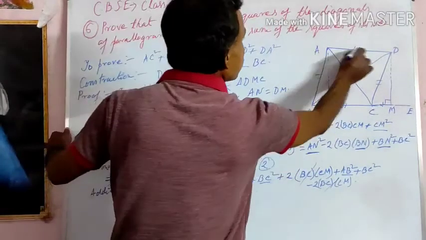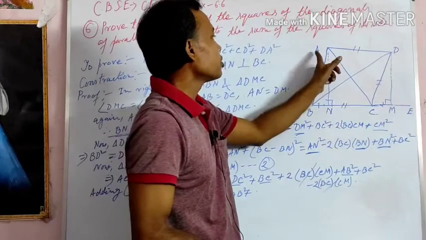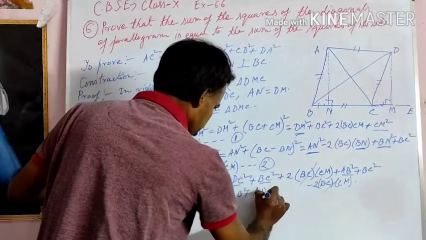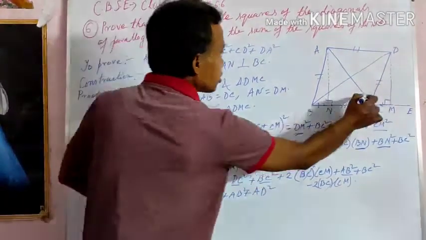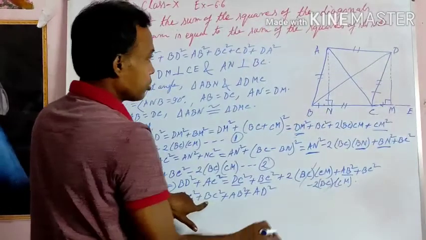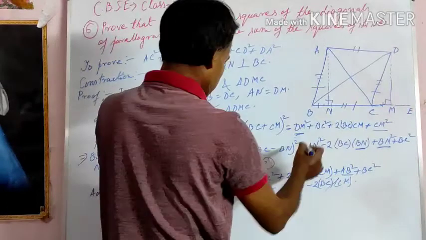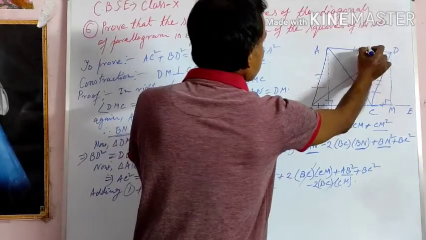Since it is a parallelogram, BC square is equal to AD square. So DC square here is DC square, BC square is BC square, AB square is AB square, and AD square is AD square.